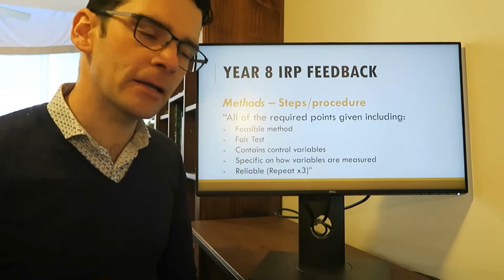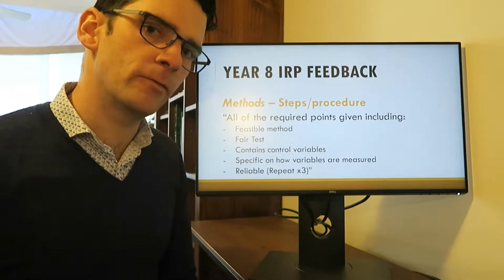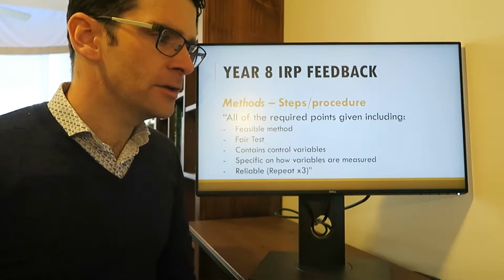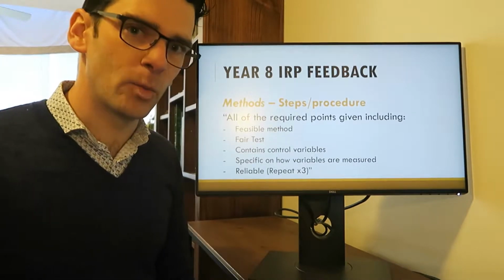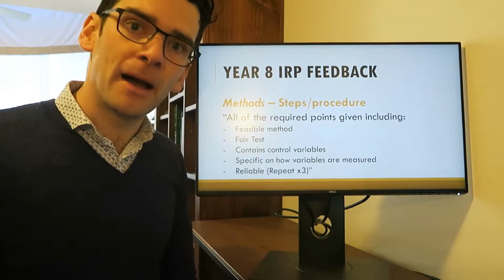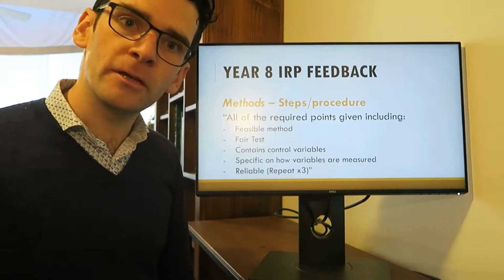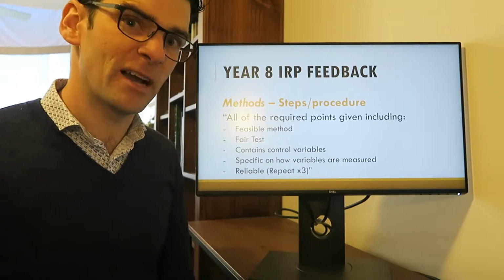Now, in terms of our marking criteria, these were the things we were looking for for full marks. So you need to have a feasible method, that is, did all the major parts of an experiment, were they included in your methods, or did you omit something really vital?